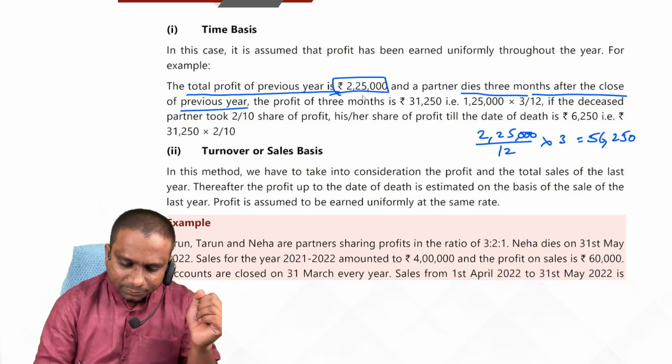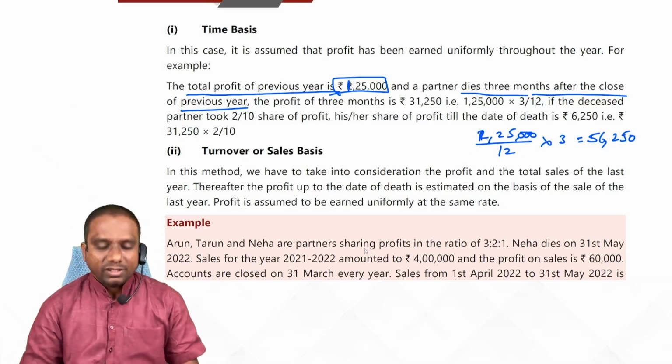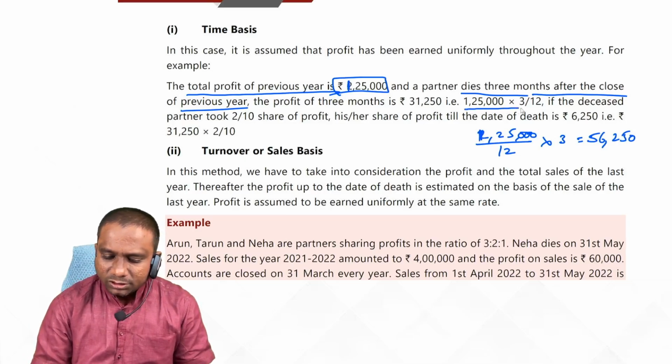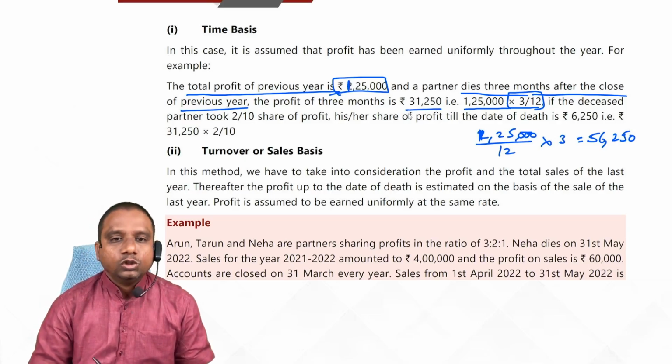Yeah, here look, there is a mistake. It is 1,25,000, not 2,25,000. That's what I am saying. 1,25,000. Out of 1,25,000, for how many months do we have to calculate the profit? 3 months. That is 31,250.